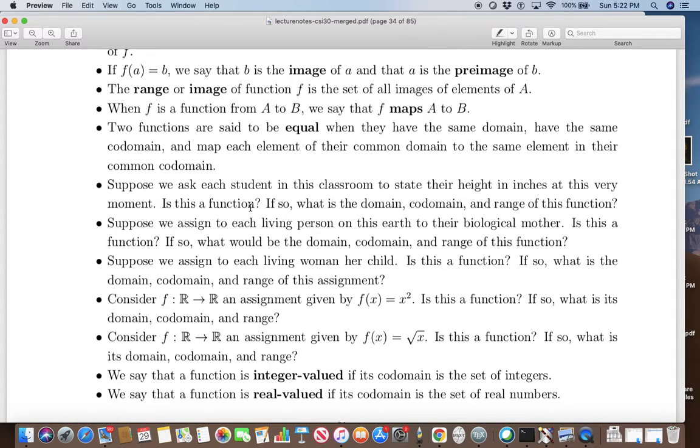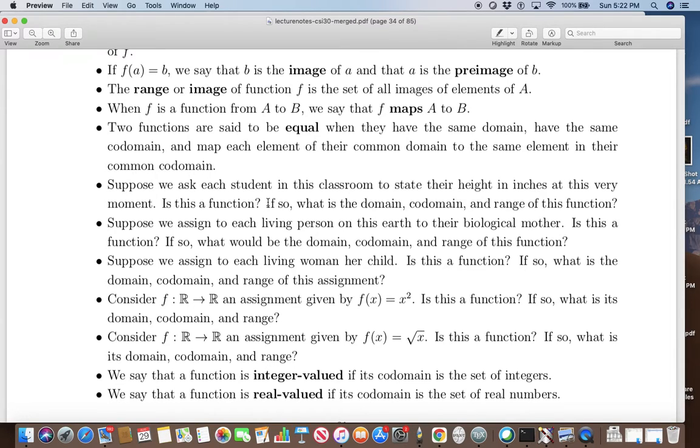Moreover, every student has a unique height. That's why it's important to say at this very moment. As your age changes, your height changes. In fact, height even changes a little bit within a day. But if you are checking your height right now, every student will have a unique height.